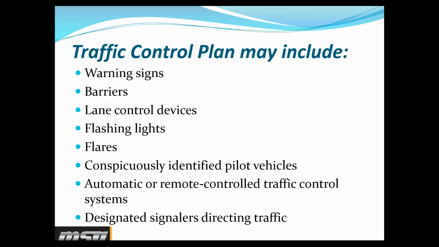And let's look at what those are. Those can be warning signs, barriers, lane control devices, flashing lights or flares, conspicuously identified pilot vehicles, automatic or remote control traffic control systems, or designated signalers.